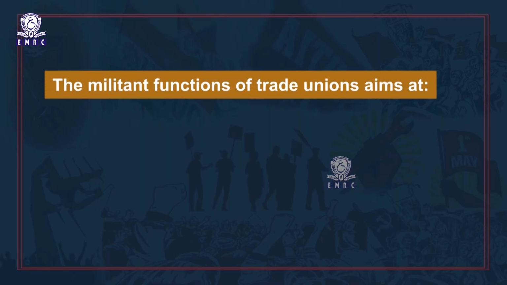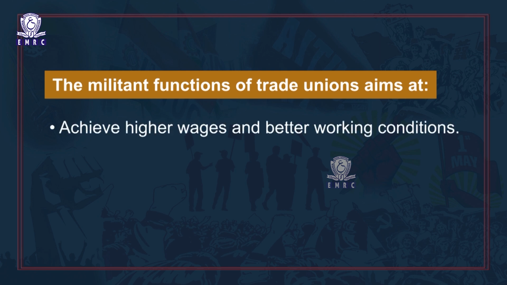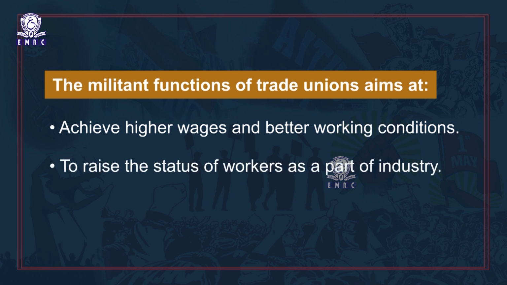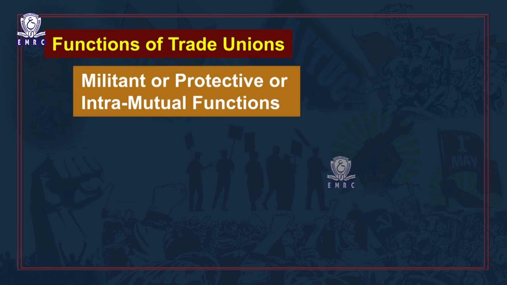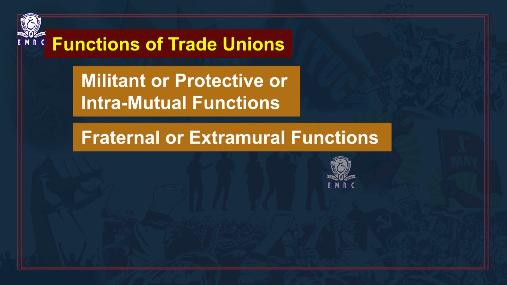Thus, the militant functions of the trade union aim at achieving higher wages and better working conditions, to raise the status of workers as part of industry, to protect laborers against victimization and injustice. The other set of functions are fraternal functions.